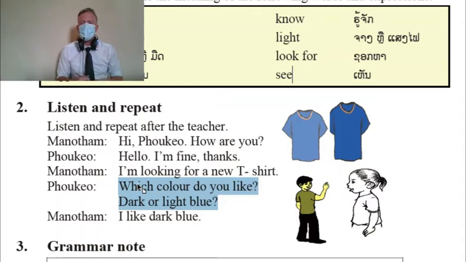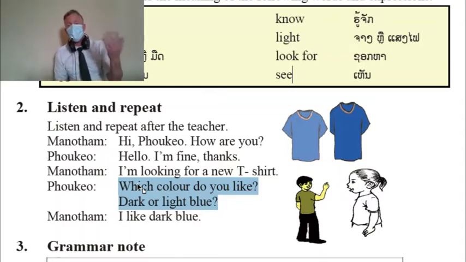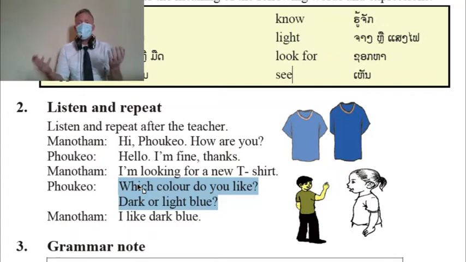Which do you like? Would you like Coke or Sprite? Which one do you like best? So you have two different options, so we use which to ask a question. Which one would you like? Or which one do you like?